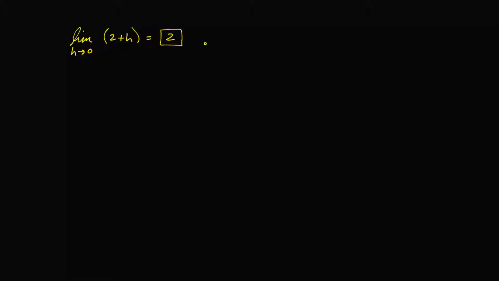Another way of writing this is saying, therefore, the slope of the curve y equals x squared at point P, 1, is 2.